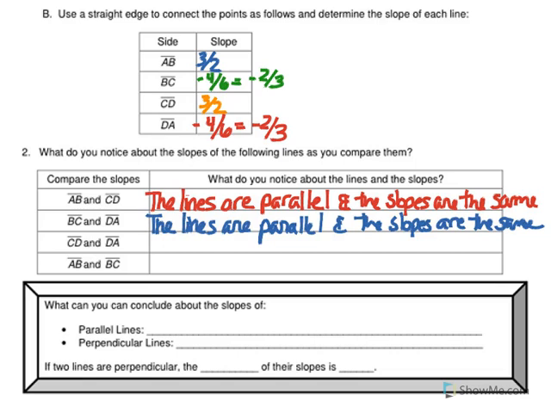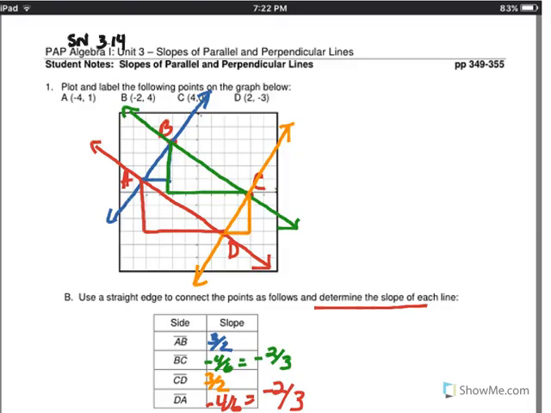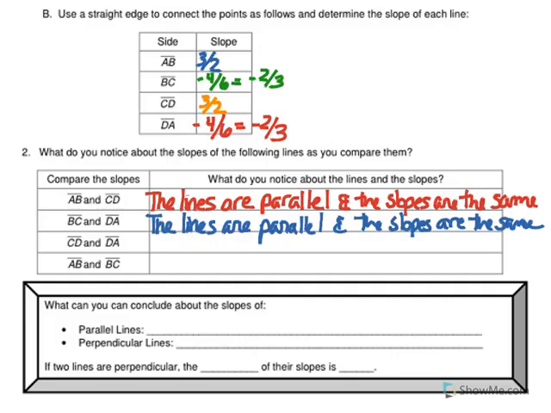Okay, now we need to look at line CD and line DA. Now if we look at those lines, they appear to be perpendicular. They may create a right angle. And let's look at their slopes and see what we can figure out.